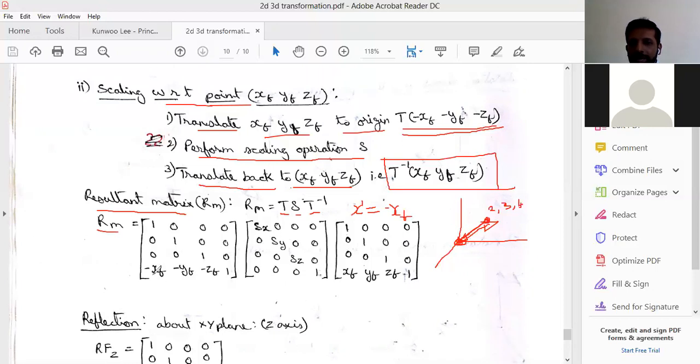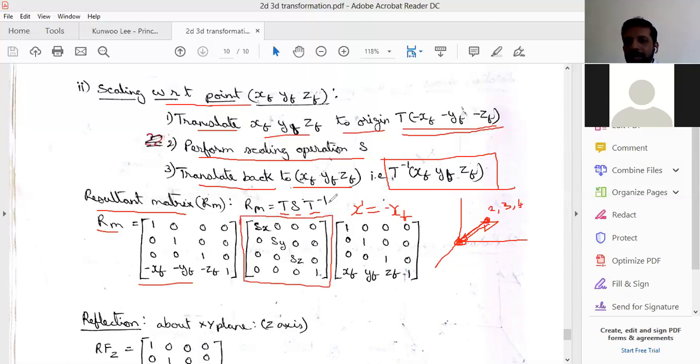That is why the xf value comes into the picture. Similarly yf and zf, and finally the unity matrix row, and that will be the translation matrix. And then, as usual, since it is now at the origin, the next one will be multiplied by the scaling factor matrix.